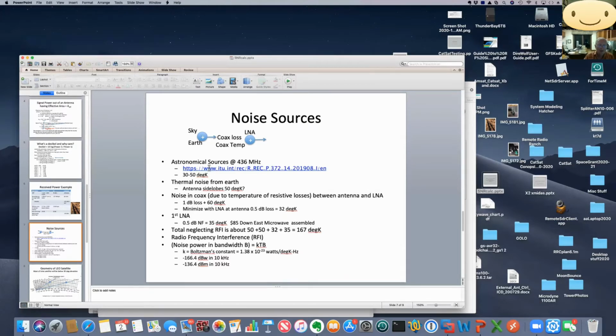This approximation works until you get to a really high frequency, almost into the infrared, in this case maybe 300 gigahertz, 300,000 megahertz, so a lot higher than the frequencies we're going to be interested in with our radios.